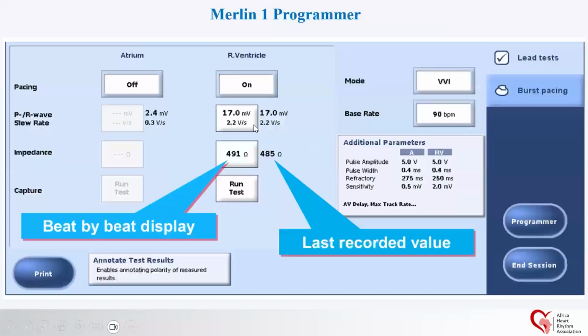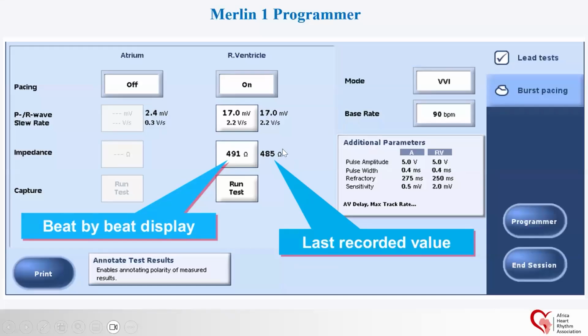The second parameter that we need to check is the impedance. For example, in this case, we have the impedance is 491. This value is the current value that the programmer is detecting. This one is the last recorded value. That means before this value, we had 485.